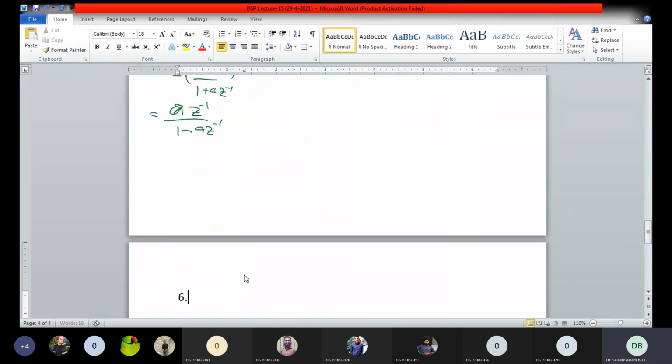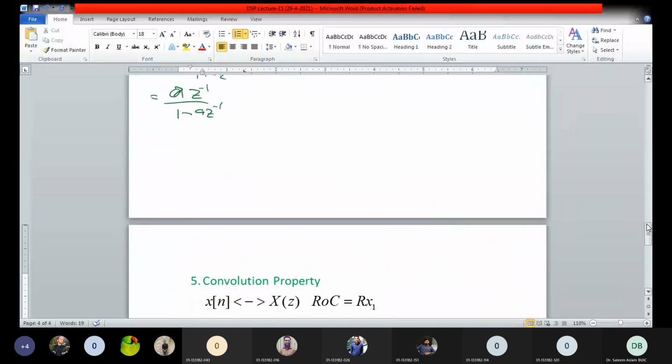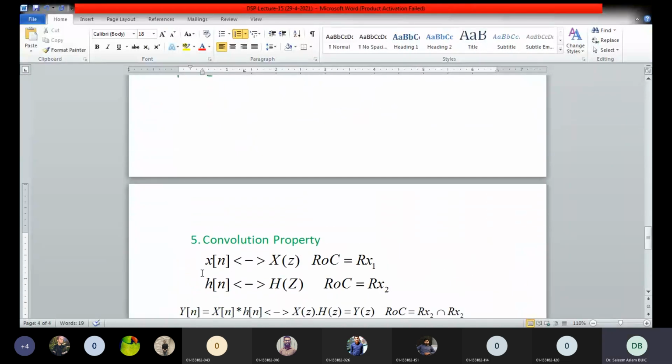Okay, sixth property. The sixth property is, I think, the last one, the convolution property, and then we are going to finish chapter number 6.